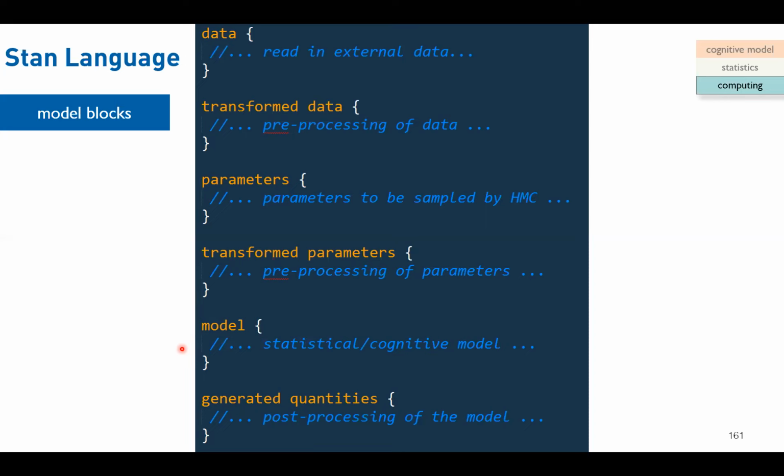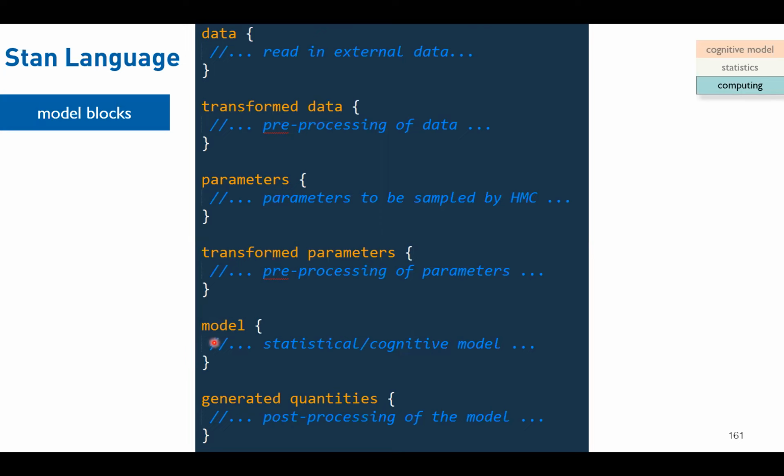We define how the values are updated according to reward prediction error in the case of Rescorla-Wagner, and how this value is translated to action probability. This action probability forms the link between the cognitive part and the actual choice data, why they choose blue or why they choose yellow.